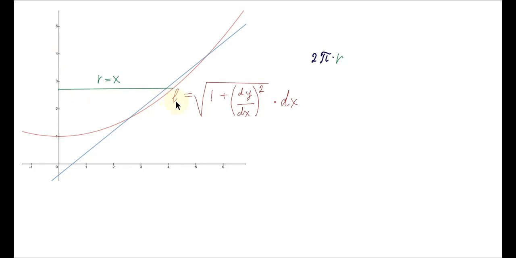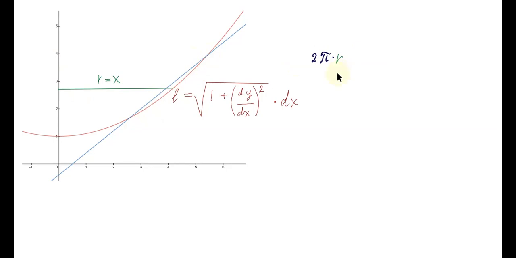And using imagination, and intuition also, we can agree that the area of this surface will be equal to the length of this piece of the red curve L times the circumference, the length of the rotation.